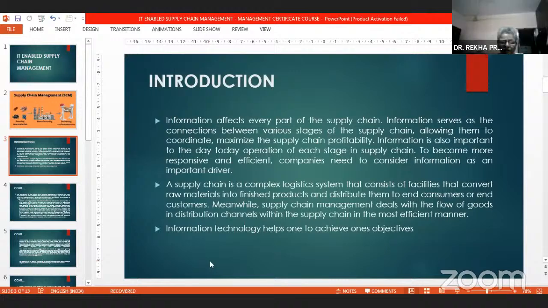Because things are moving, if there's no coordination, then from supplier to manufacturer, manufacturer to wholesaler, they should know from where to get the material, how to get the material, and when. There should be direct communication between the various supply chain partners.